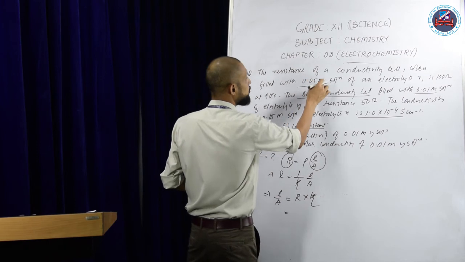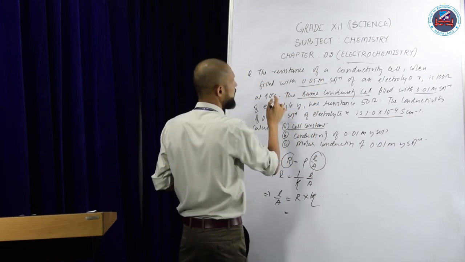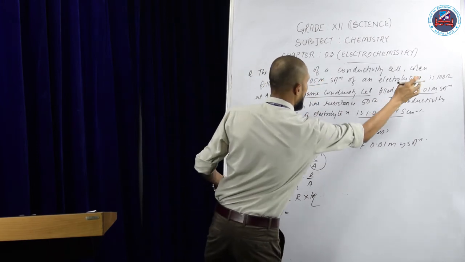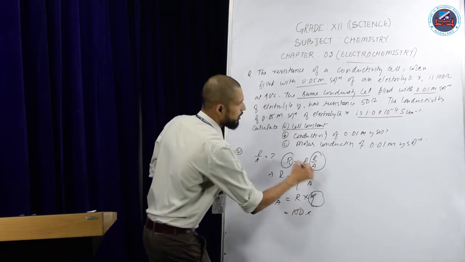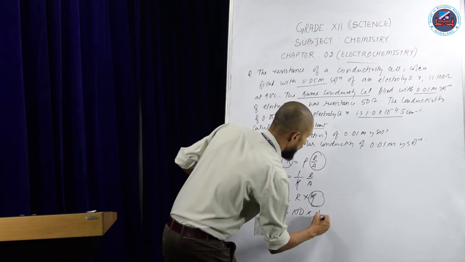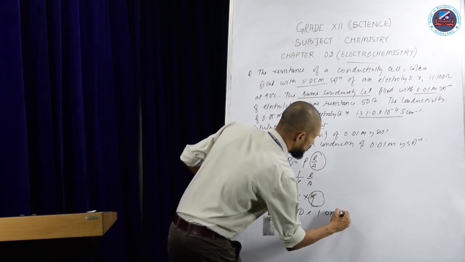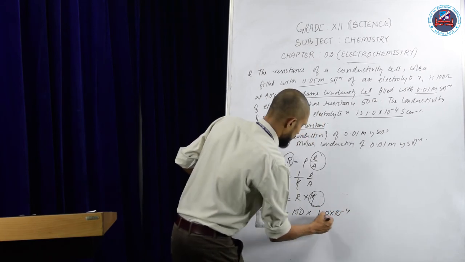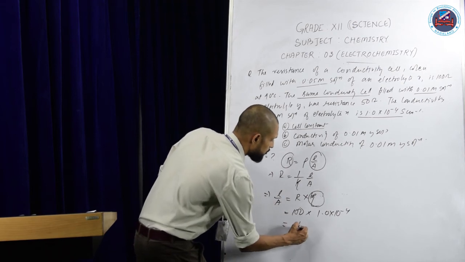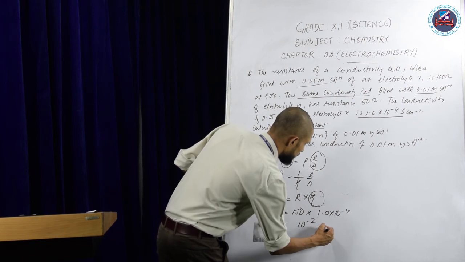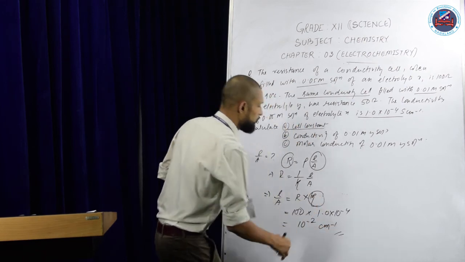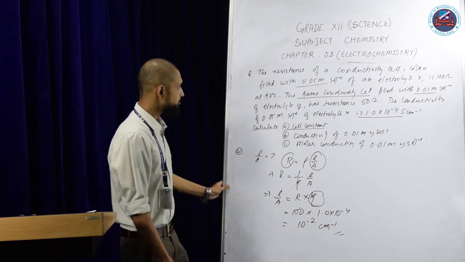Resistance for 0.05 molar solution is given and is equal to 100 ohm. So 100 multiplied by conductivity, 1.0 multiplied by 10 to the power minus 4. If you simplify this, this is equal to 10 to the power minus 2. Unit is centimeter inverse. So this is the cell constant.